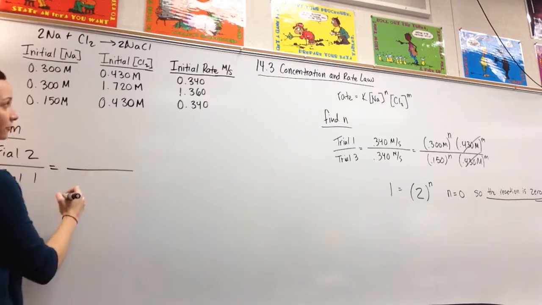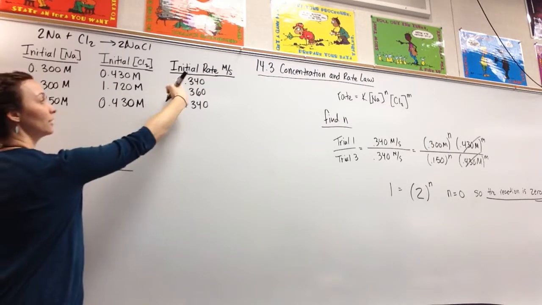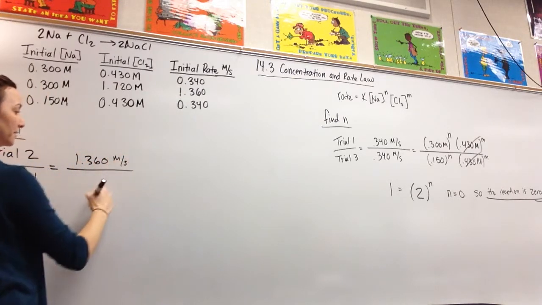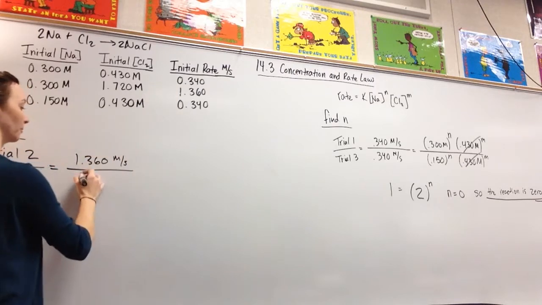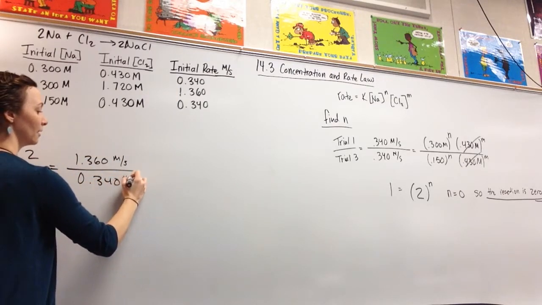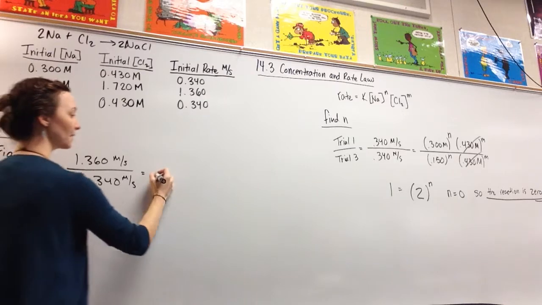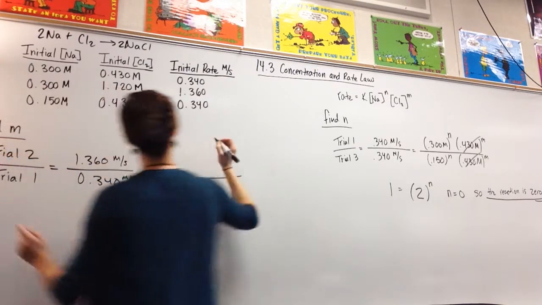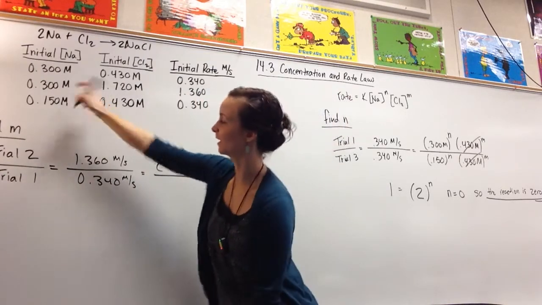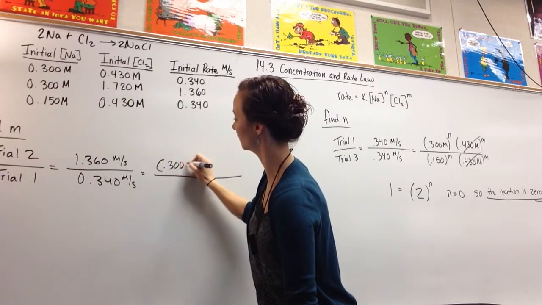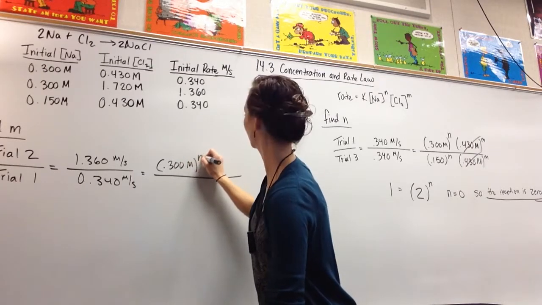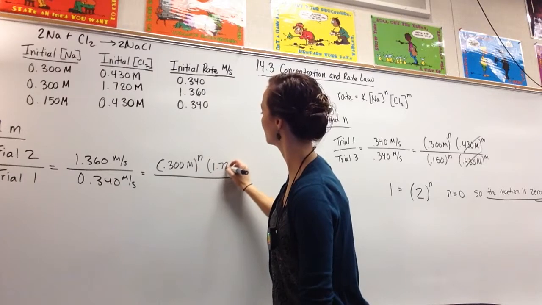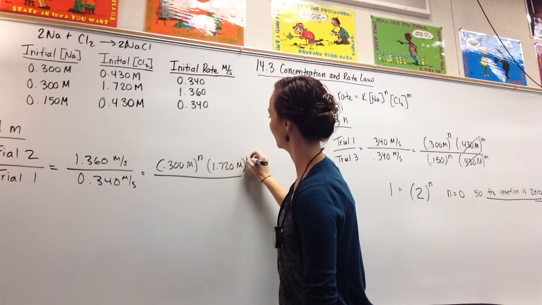So the first thing, we put the rates over each other. The rate for trial 2 is 1.360 molar per second, and trial 1 is 0.340 molar per second. Then I apply my rate law. For trial 2, my concentration of Na is 0.300 molar to the N power, and my concentration of chlorine is 1.720 molar to the M power.